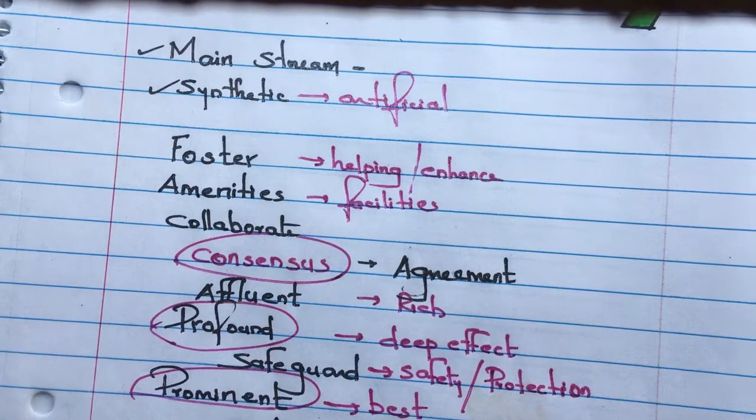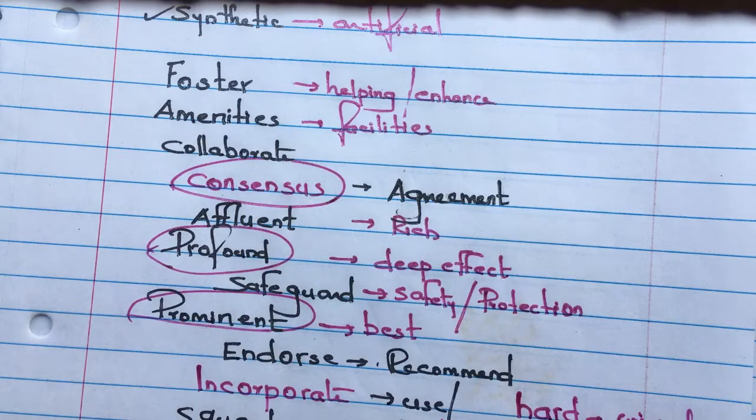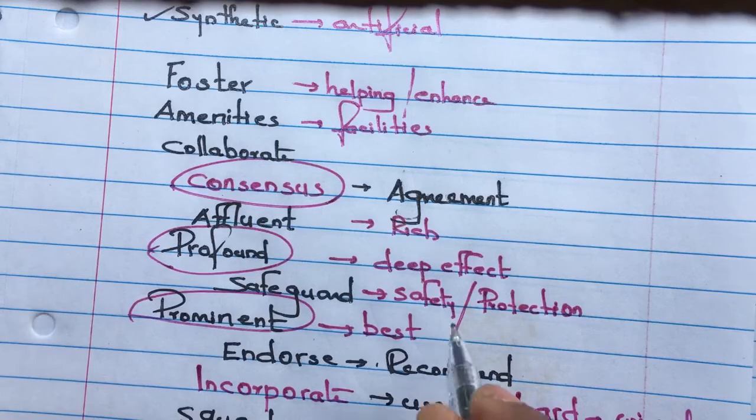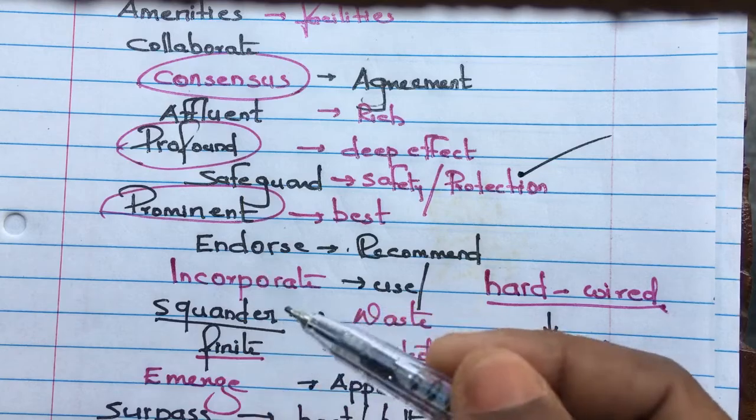Instead of using rich, try to use affluent, really easy. Profound means a very deep effect; education has a profound effect on children's mental health, you could say. Safeguard means to protect someone, it is about safety and protection. And prominent means something is the best.